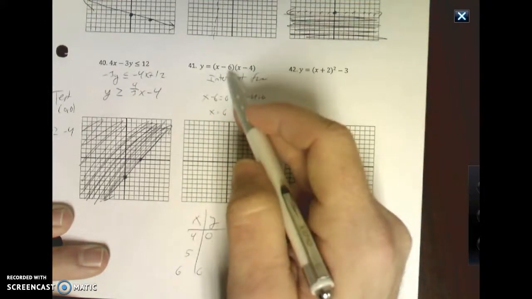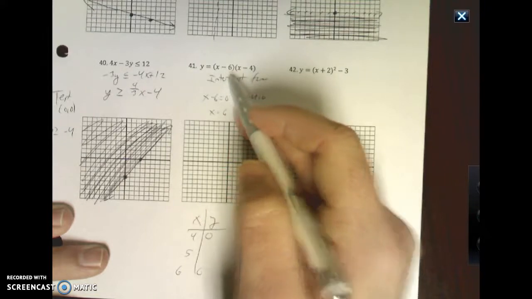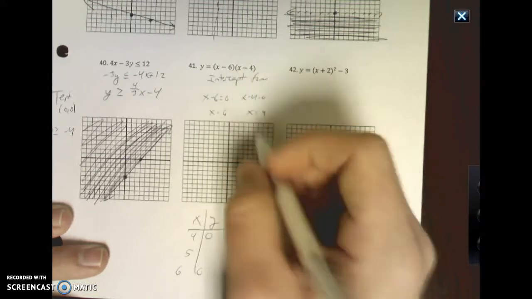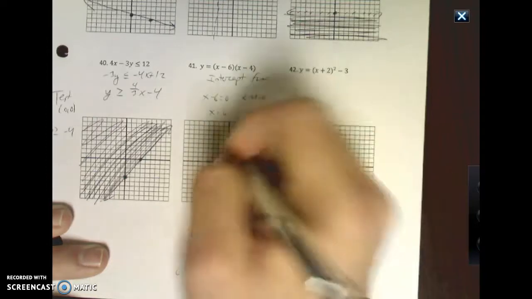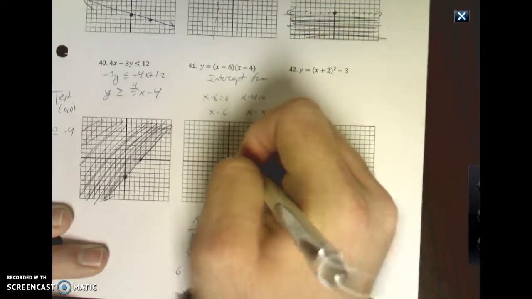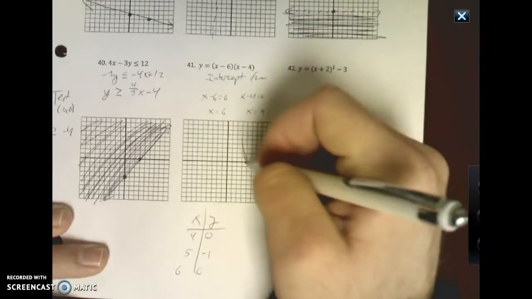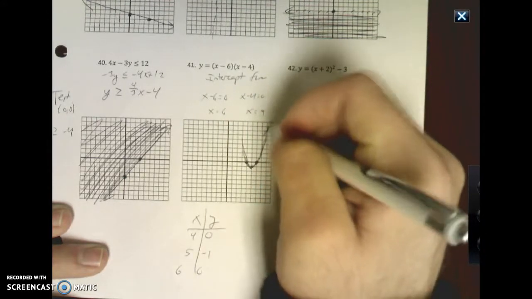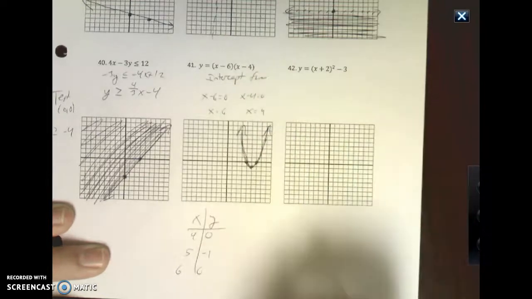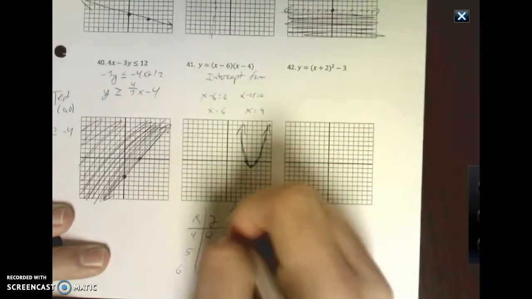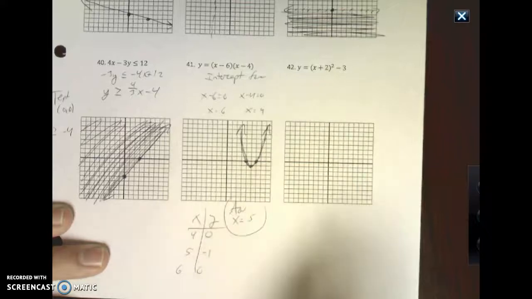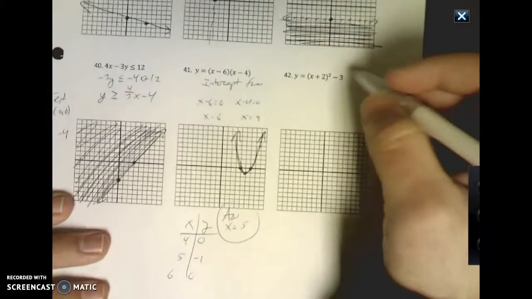Plug 5 back in up here. 5 minus 6 is -1. 5 minus 4 is 1. -1 times 1 is -1. And there's your parabola. Make sure it's curved. Your AOS is just x equals 5. It's always the x value of your vertex. You're in good shape.